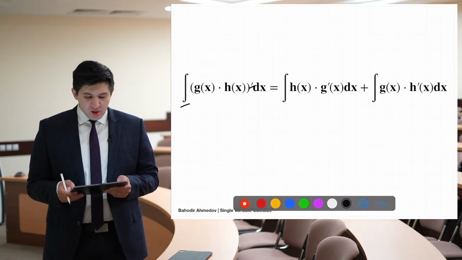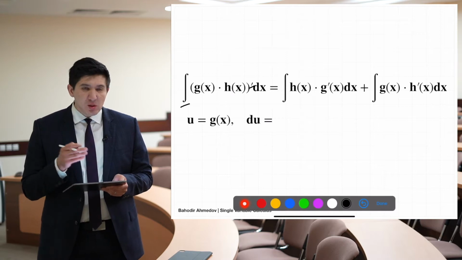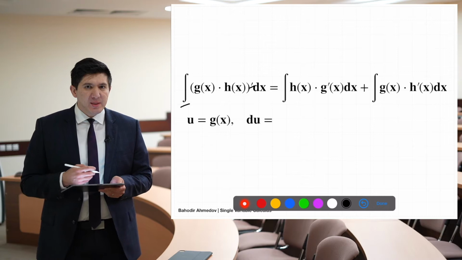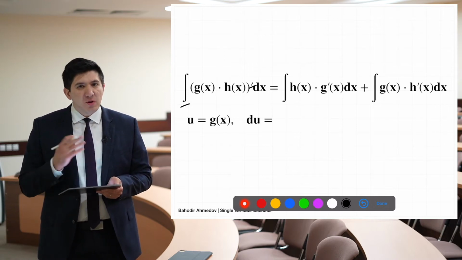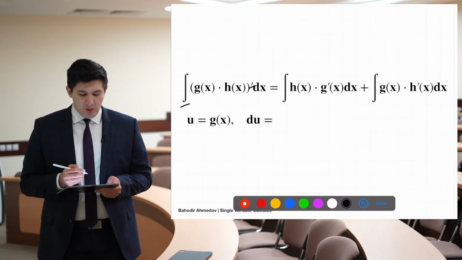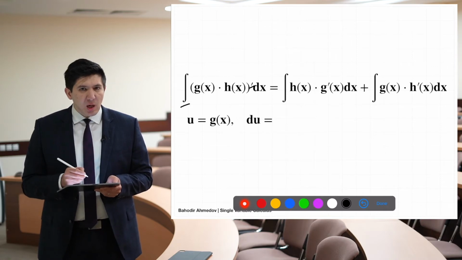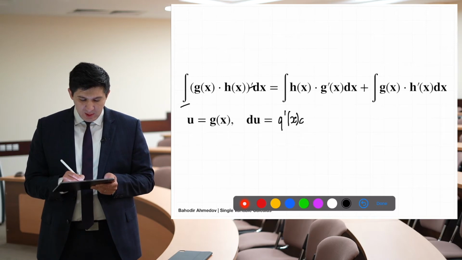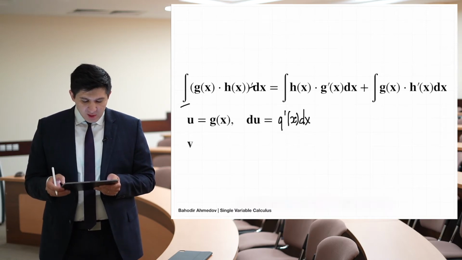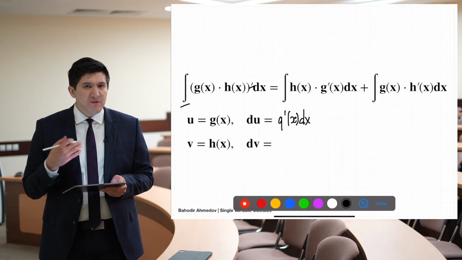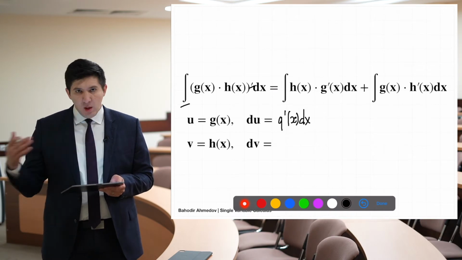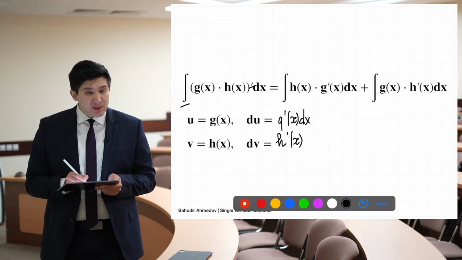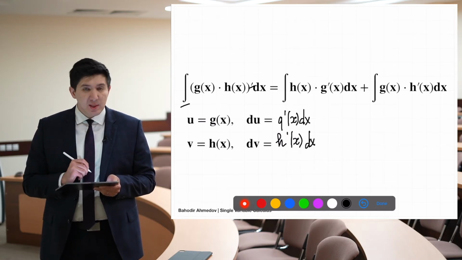If we make a small substitution, letting u be equal to g of x, what is going to be du? The du means that I'm taking the derivative of the left-hand side with respect to u. If you take the derivative of the right-hand side with respect to x, it is going to be g prime of x dx. Then v is going to be equal to h of x, and dv is going to be the derivative of this whole equation. The derivative of h with respect to x is going to be h prime of x dx.